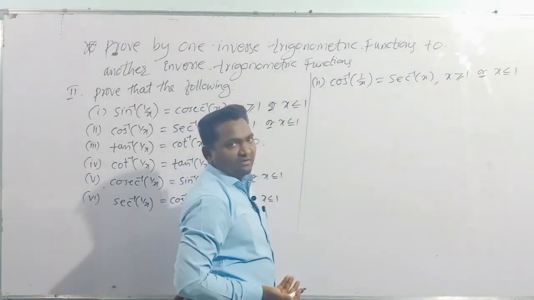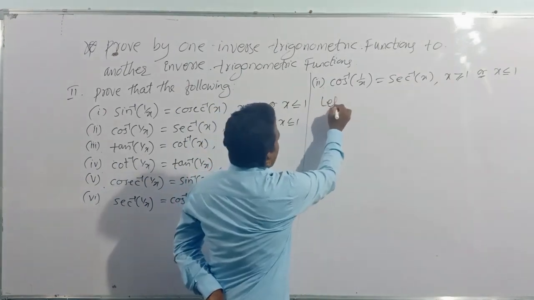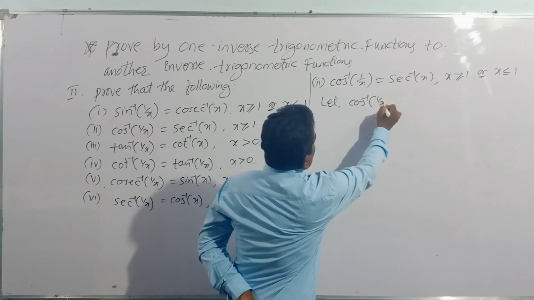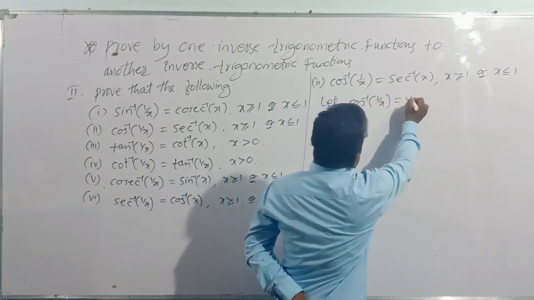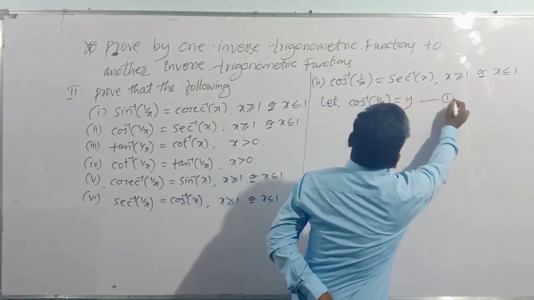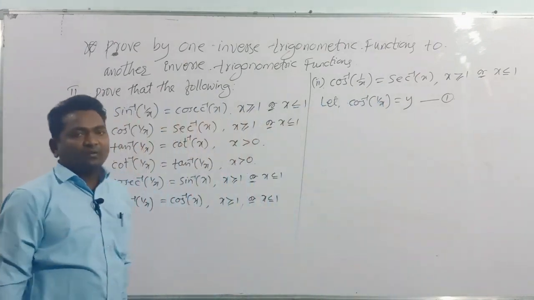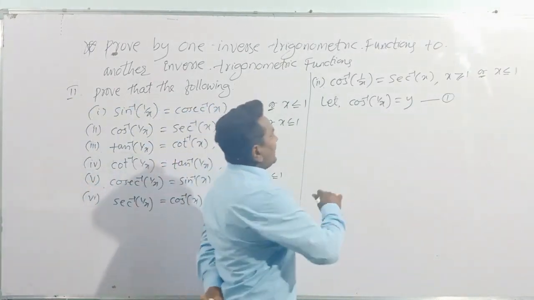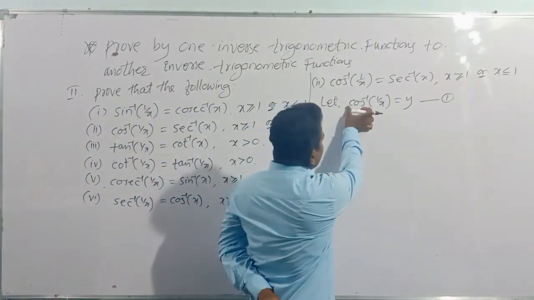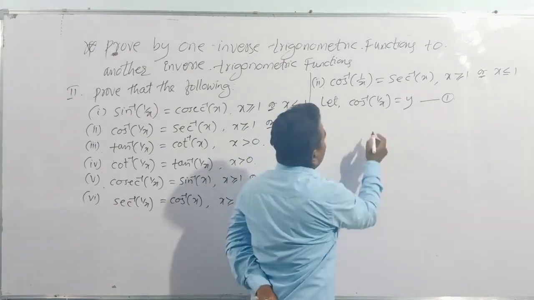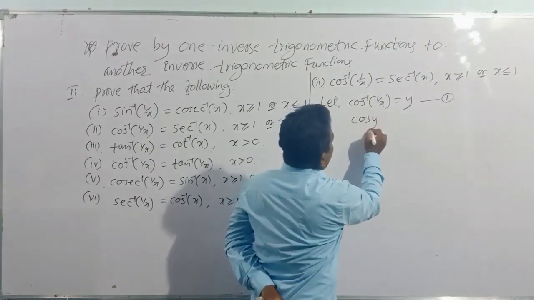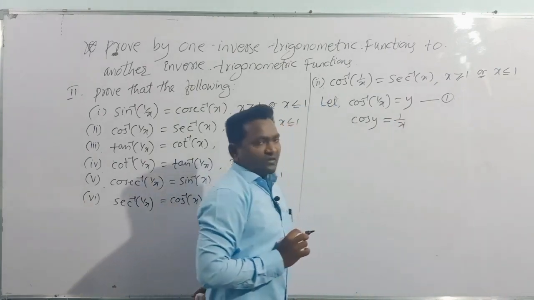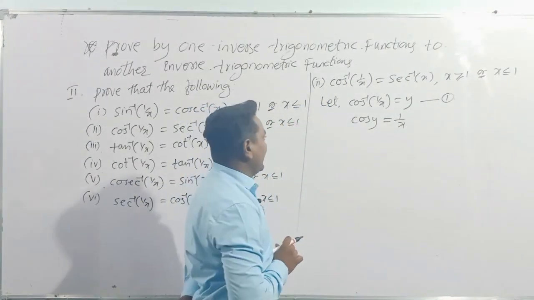Here also let cos inverse 1 by x be equal to y. Here also we take it as equation number 1. Now repeat the same procedure. This cos inverse moves to the right hand side and becomes cos y is equal to 1 by x.